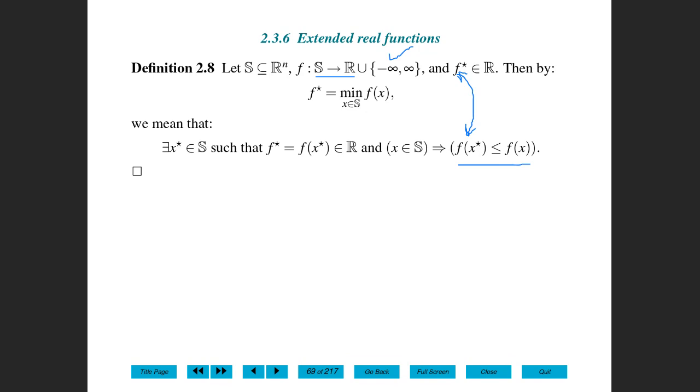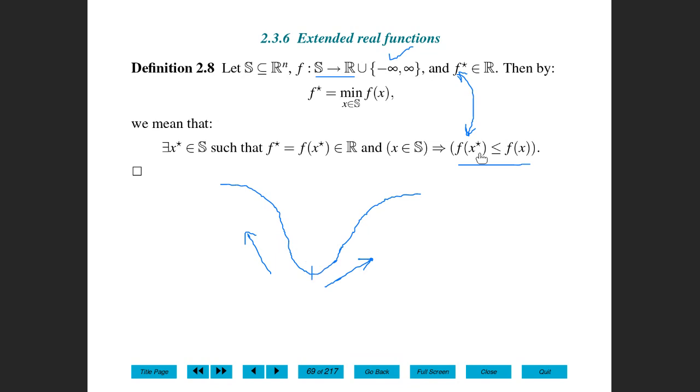Let me draw a surface, and then we will see. If we have this kind of a surface, the minimum function value will be at this point. We can say that this is the minimum, and this point could be termed the minimizer. Now if we go in either direction, in this direction or in the other direction, the function value would be more than the function value here.